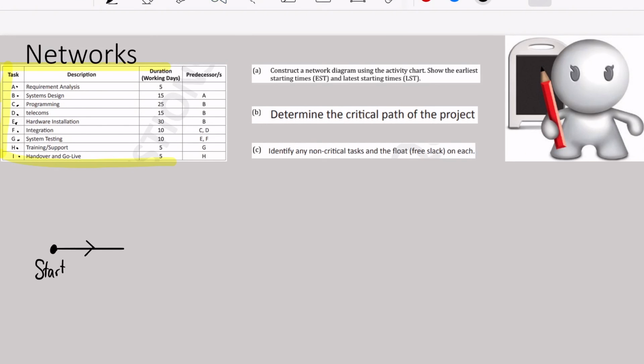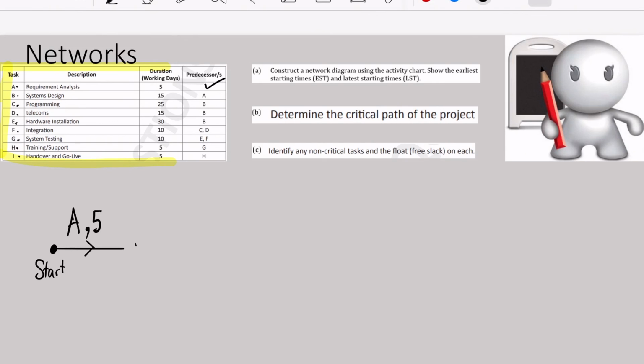So that's activity A. And what's the duration for activity A? Well, it's 5 hours. Now, please note that I haven't put an end vertex on it. I haven't put a dot at the end of this line, because I don't know what flows out of A as yet. So all I know is that at the start, the first task that I need to do is activity A. So that's done.